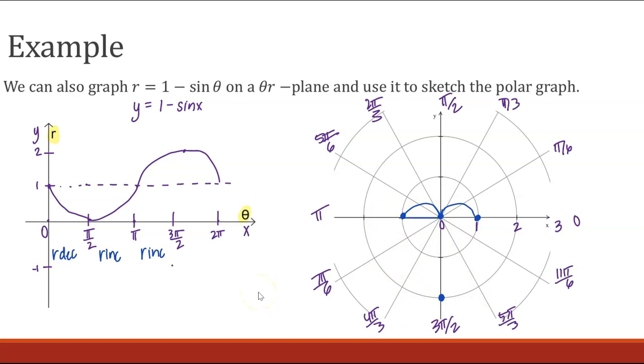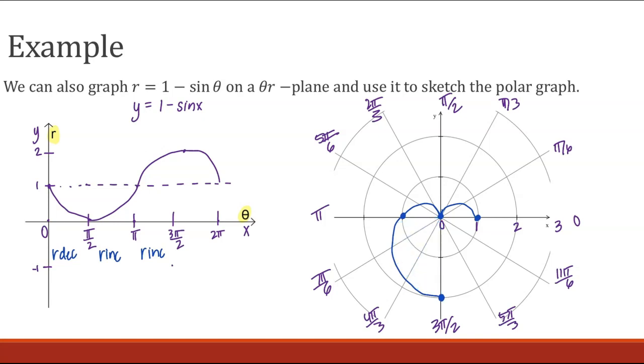It's like slightly bigger, and then bigger and bigger. I'm just doing my best here. Something like that. So those radii are getting bigger as I move from pi to 3 pi over 2. So now I'm going to go along the edge there, and that continues that next part.